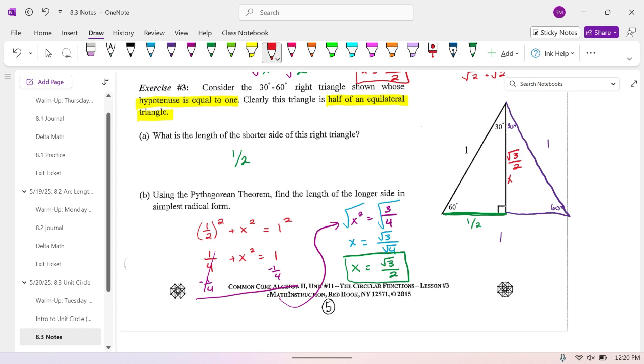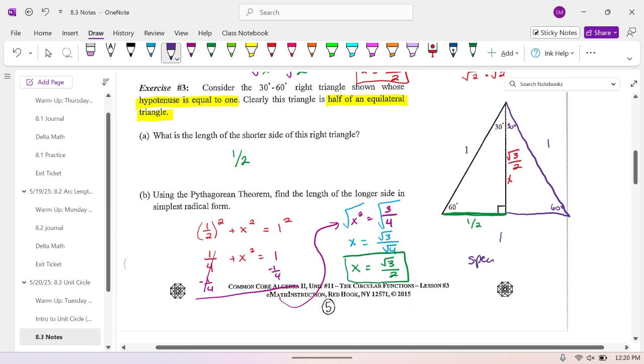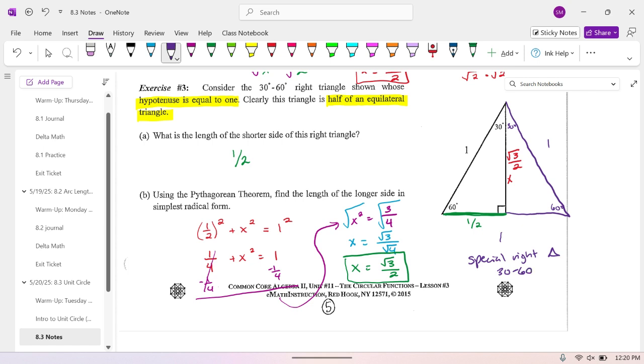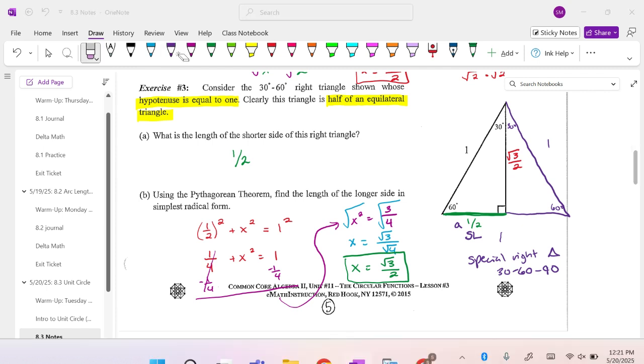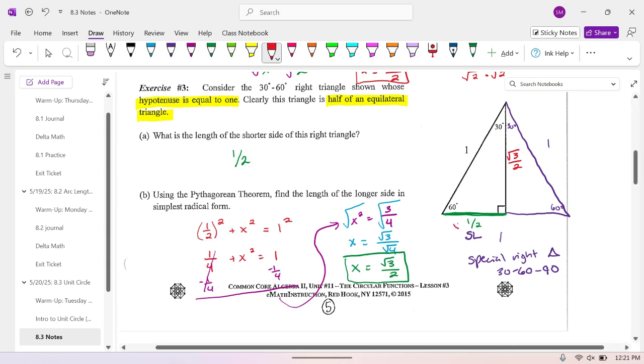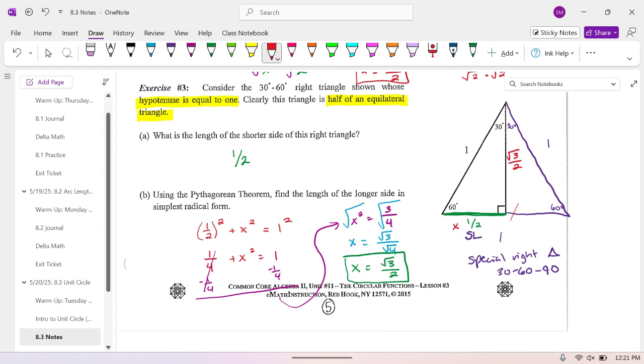Now, we could have also figured that out using the special right triangle of the 30, 60, 90 variety, which states that our short leg, which is the 1/2, if it was A, or we can call it X, however you want to put it, to get to the long leg, we would just do X times square root of 3.